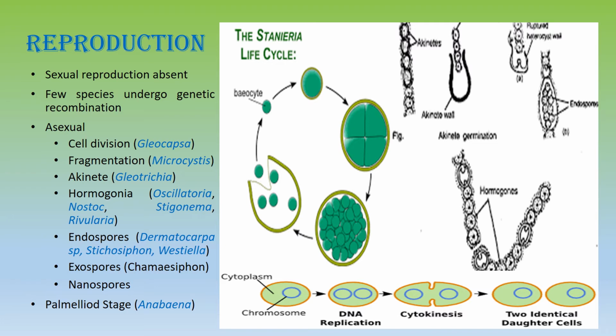On return of favorable condition, the mucilage that entraps all the newly formed cells dissolves, and the cells form a new filament. So this Palmelloid stage is very much found in Anabaena.